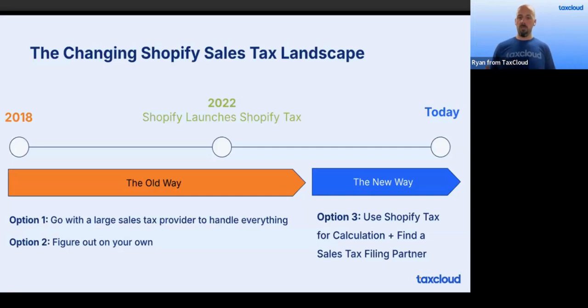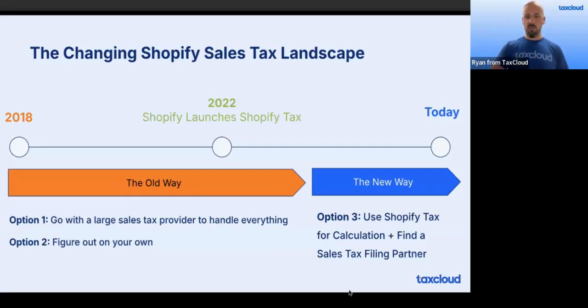Where they need a lot of help is to find someone that can help on the filing side, because working directly with the states to get registered in the states, to handle filing, to deal with filing issues, having a team that can really support you and have your back in addition to a tool becomes really valuable for your business, particularly as you're starting to scale from 1 to 2 states to half the country to maybe filing nationwide.